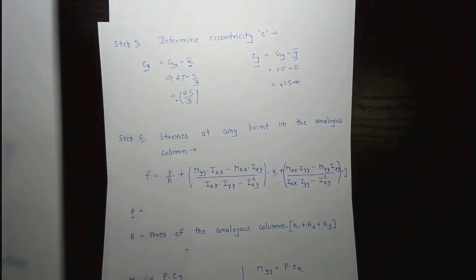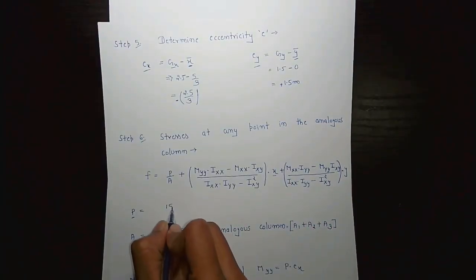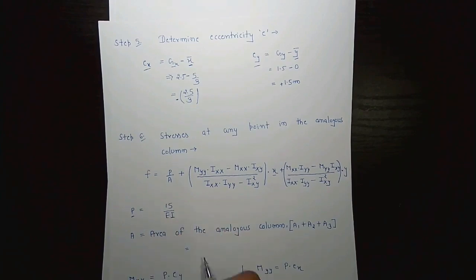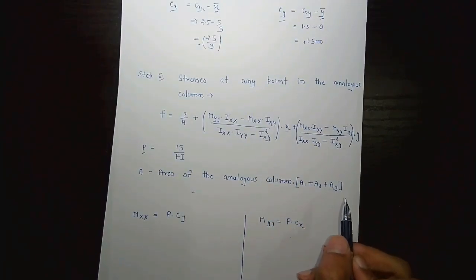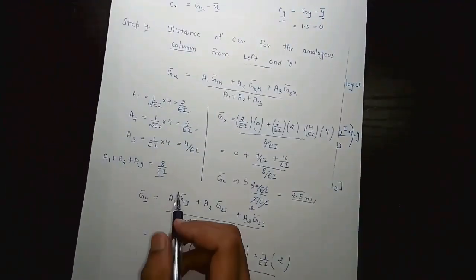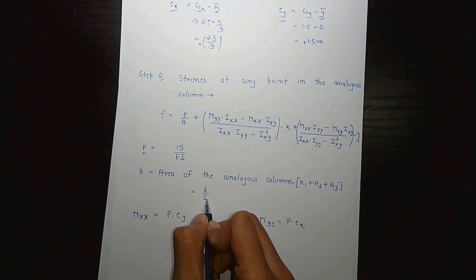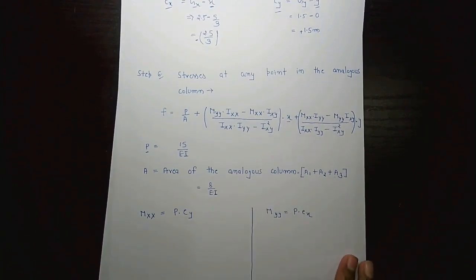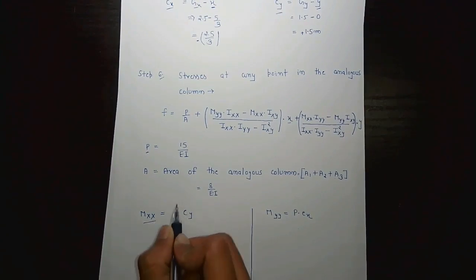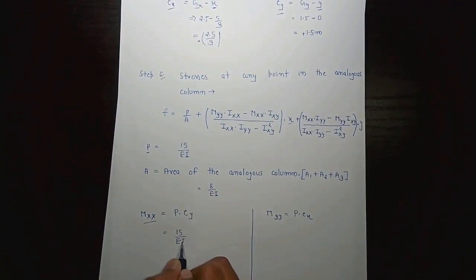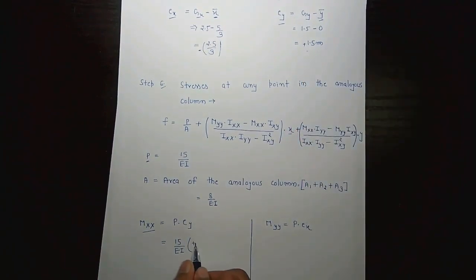P is the total load, 15 divided by EI, and A is the area of the analogous column, A1 plus A2 plus A3, which we already determined in previous steps, and it is 8 divided by EI. Now bending moment about the x-axis, Mxx, is total load P multiplied by eccentricity in y direction, which is 1.5 meter.